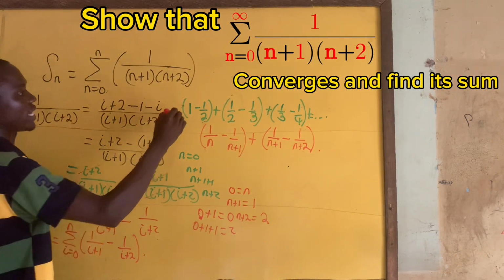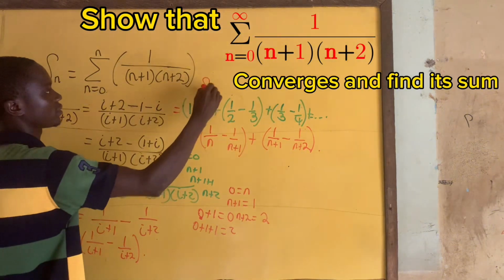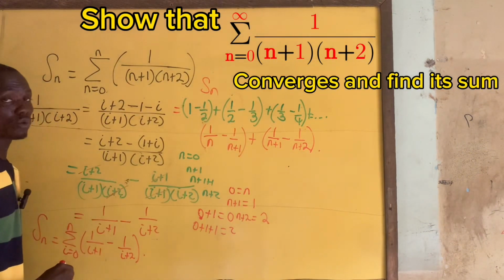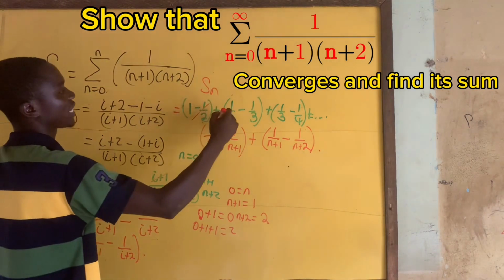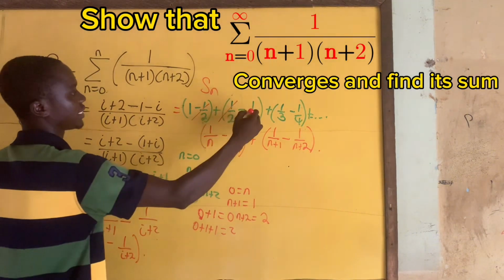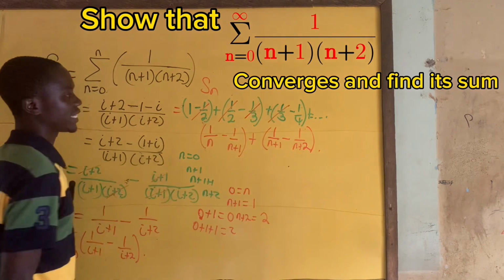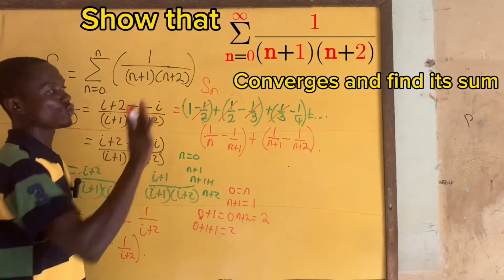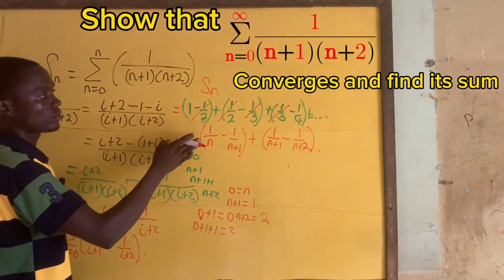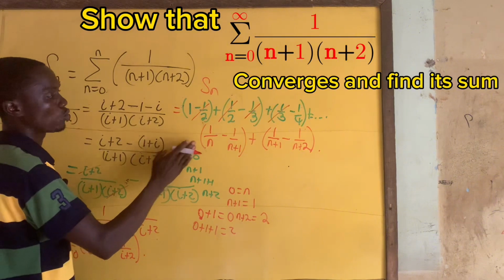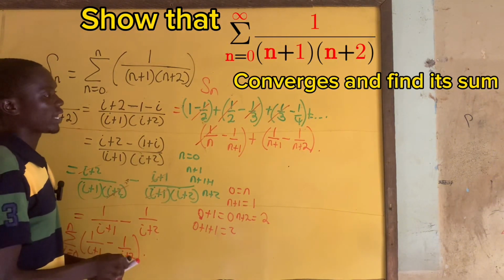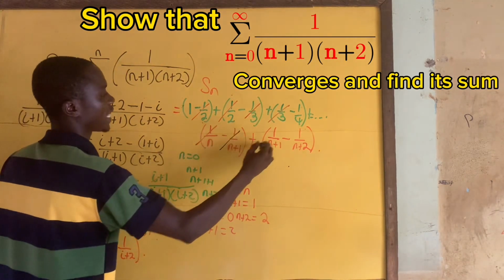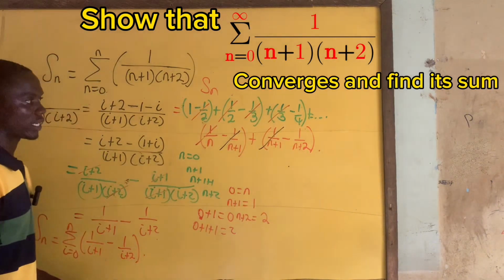Now, here, this is our Sn, because we've summed the sequence of partial sums. So here, negative 1/2 cancels positive 1/2. Negative 1/3 cancels positive 1/3. Negative 1/4 will cancel positive 1/4. Then negative 1 out of n will cancel positive 1 out of n. Then negative 1 out of n plus 1 will cancel positive 1 out of n plus 1.